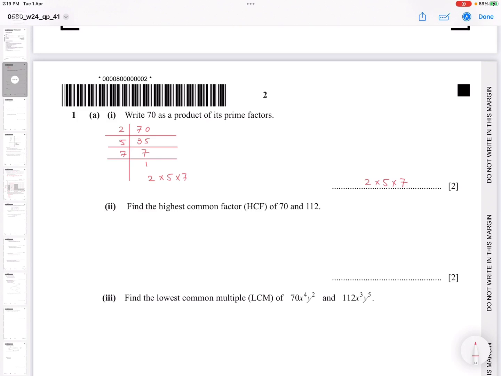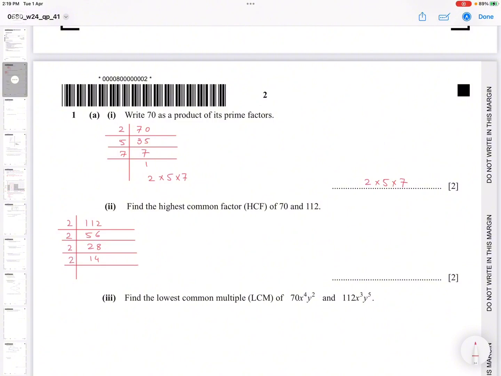Second part, find the highest common factor HCF of 70 and 112. We already have calculated the prime factors of 70, so let's find out the prime factors of 112. 2 times 56 is 112. 2 times 28 is 56. 2 times 14 is 28.